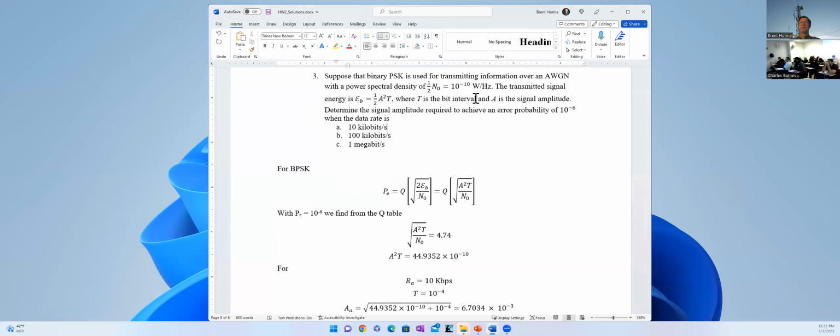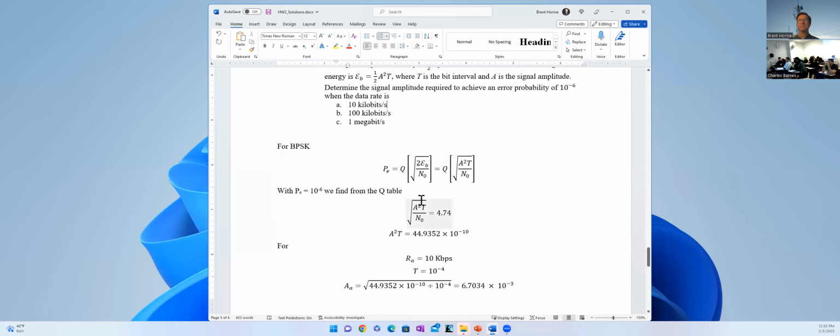So how do we determine how much signal amplitude, directly related to the power of the signal, that we're going to send? We want to figure out how much signal we need to send, or ultimately to receive, in order to achieve an error probability of 10 to the minus 6. And this lesson is to see how it changes with respect to our rate.